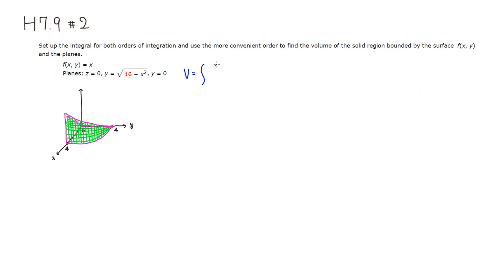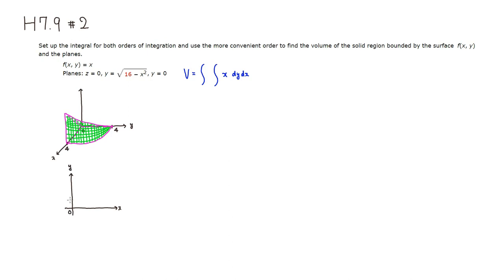Let's do it with respect to y first. The integrand is x, that's f given here, and we're going to do dy dx. The region we're looking at is, maybe I should sketch the region. The region is going to be a quarter disk. Here we have the x-axis and y-axis.